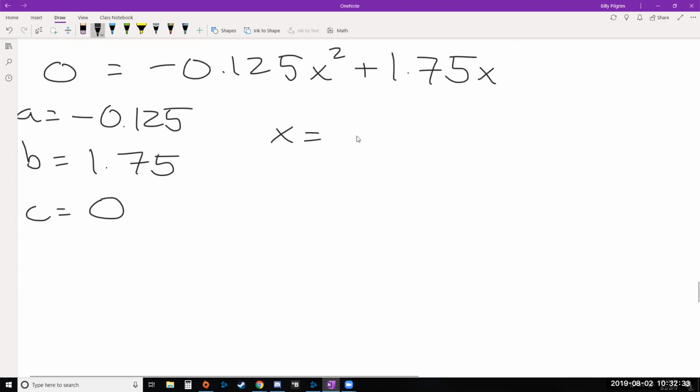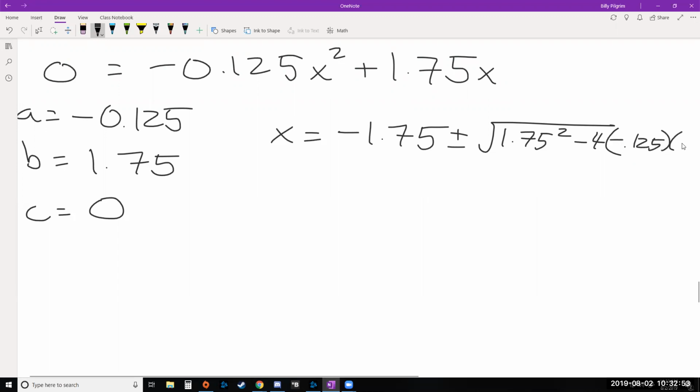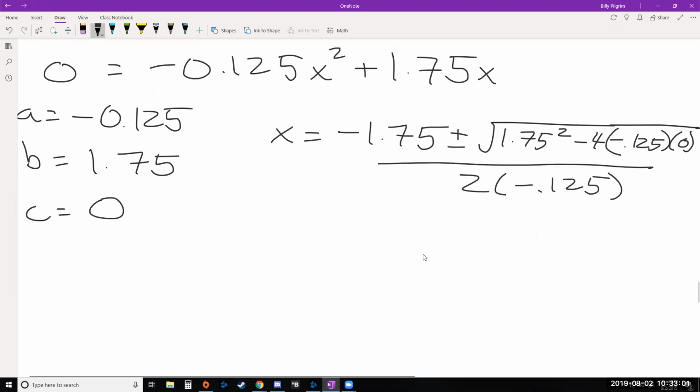So here we go, quadratic formula. Negative B will be negative 1.75 plus or minus the square root of B squared, which is 1.75 squared, minus 4 times A, which is negative 0.125, and then times C, which is 0, all over 2A, 2 times negative 0.125.